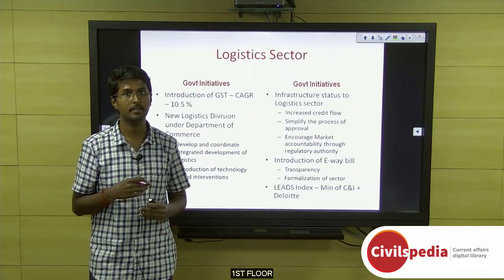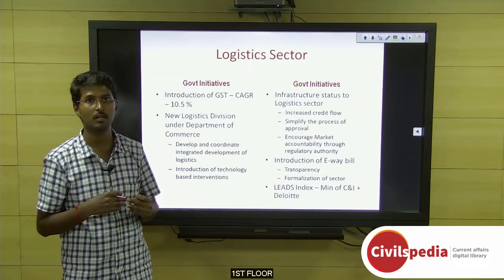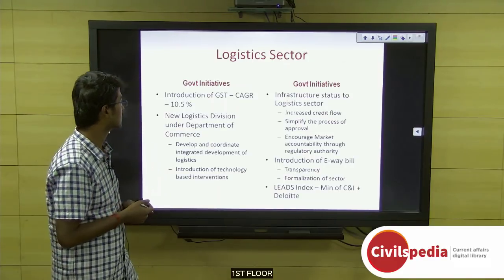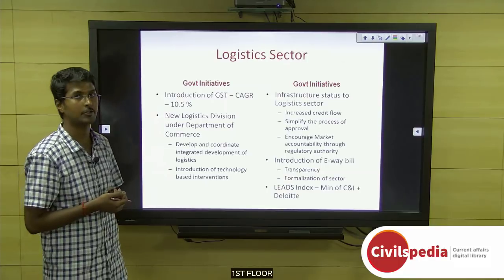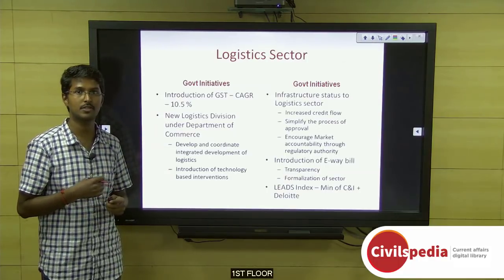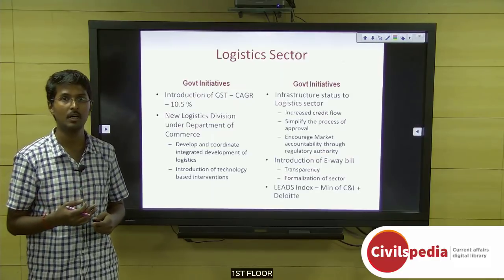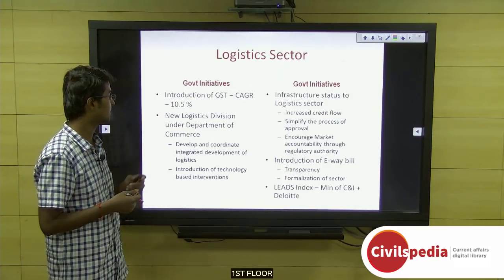So there have been some initiatives taken by the government with the help of budgetary allocations or even with the help of executive actions. If you see, GST was introduced. With the introduction of GST, we can see an improvement in the compounded annual growth rate of the logistics sector to about 10.5%.